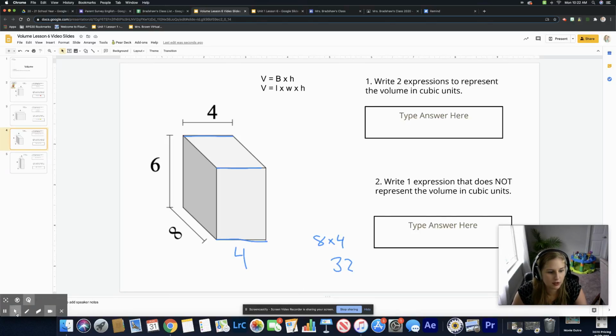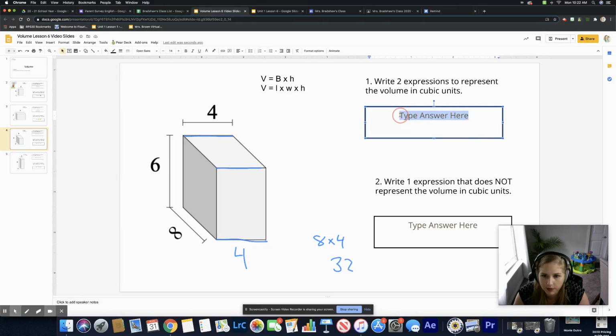So up here, I can start with volume equals base of 32 times 6. And because we're just writing the expressions, I don't have to solve that right now. So volume, if I'm going to do length times width times height, is 8 times 4 times 6.